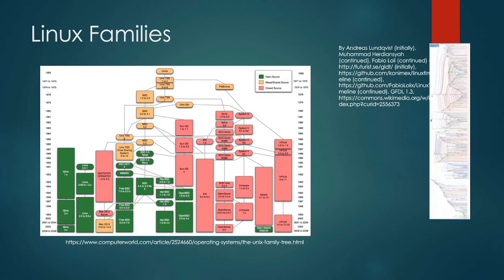What you can see looking at this slide is actually a short history of the different Linux families, color-coded by open source, closed source, or mixed. What you can see in the graphic on the right is the example of complexity. A lot of people think that there's only 1 or 2 flavors of Linux, not hundreds.